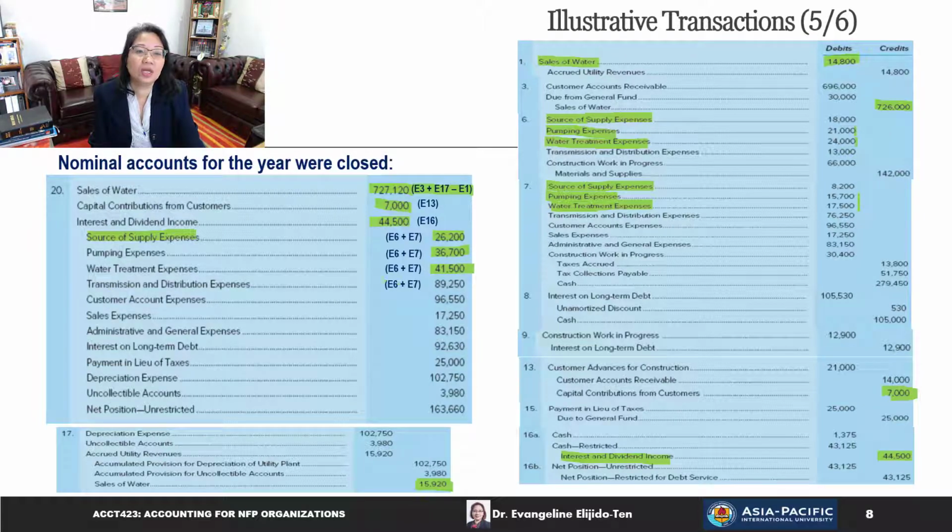Transmission and distribution expenses, again shown in entry 6 and entry 7. So we have 13,000 here for transmission and distribution, and another 76,250 here. So the total is 89,250. For customer account expenses, this is only shown in entry 7, and that is for the full amount of 96,550.